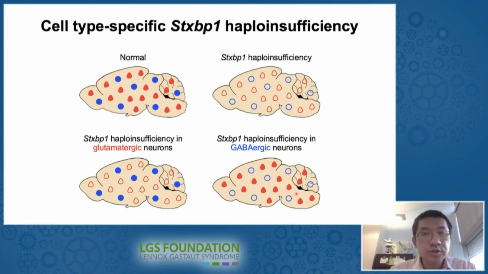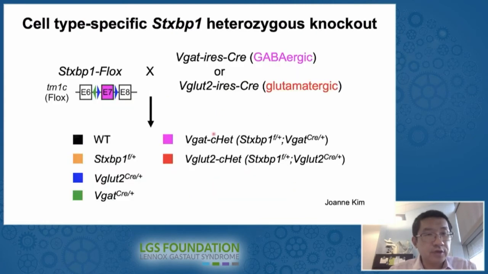So to do this, we use the flox allele that we created earlier, right? And we cross to a VGAT-Cre, which labels all GABAergic neurons in mice. Or we can use a VGLUT2-IRES-Cre, which targets all glutamatergic neurons during early development.